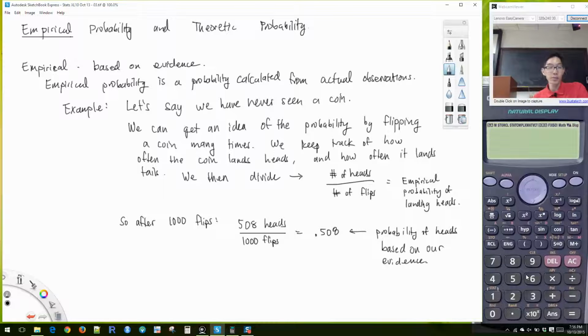So we see empirical probabilities show up a lot of times in sports. Okay, they don't call them empirical probabilities, but for example, we've got the MLB postseason for baseball, and a lot of times a batter will come up and they'll put up the batting average, okay? And this is basically how many times the batter achieves a hit divided by the number of times the batter had an at-bat, okay? Which is almost the same as a plate appearance, but the formulas are a little bit different.